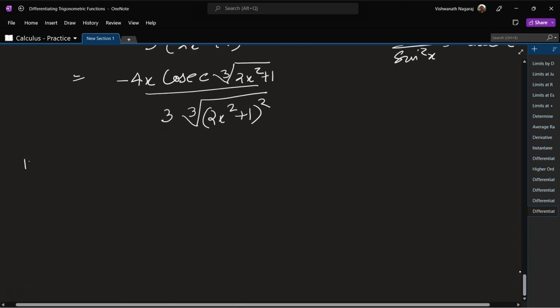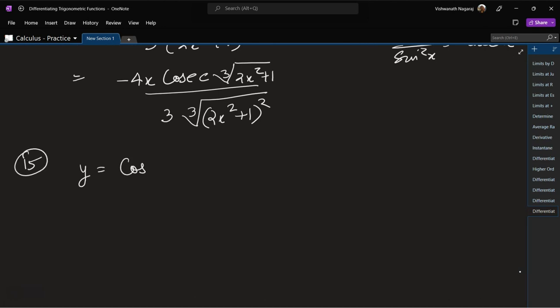Now let's look at the 15th one. Y is equal to cos of square root of 4x square plus 3, which can be written as cos of 4x square plus 3 to the power of 1 by 2.